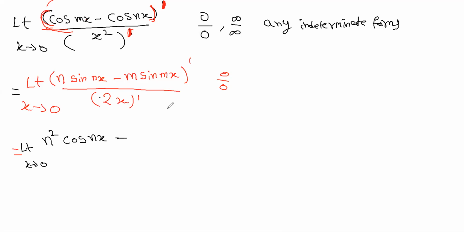What is the differentiation of m sin mx? m into m cos mx. That becomes m square cos mx, divided by the differentiation of 2x, which is 2. Now substitute 0.